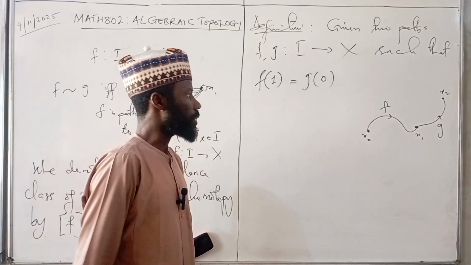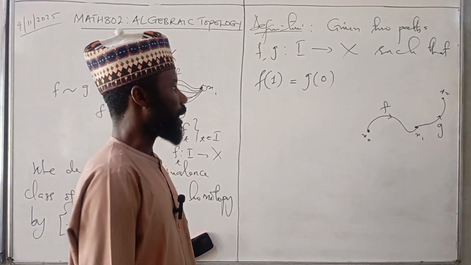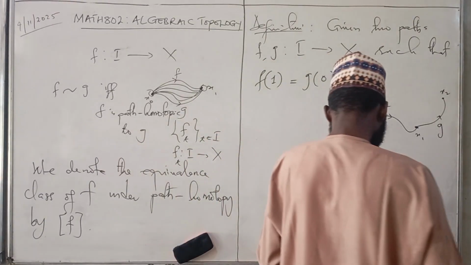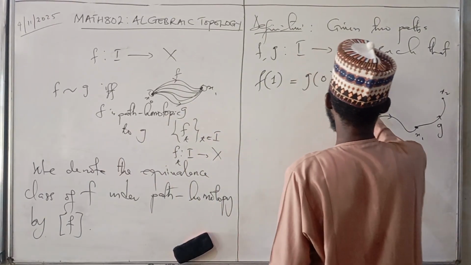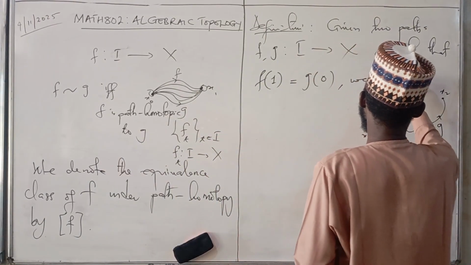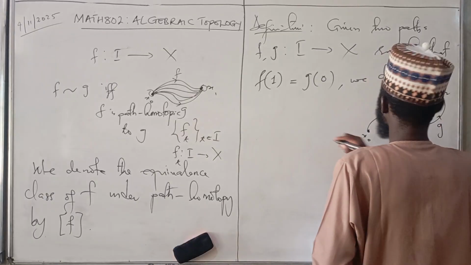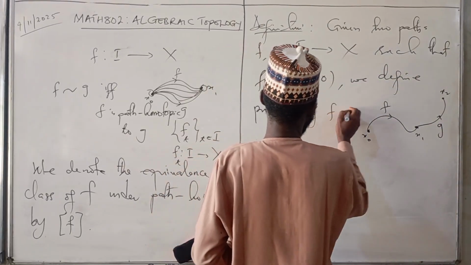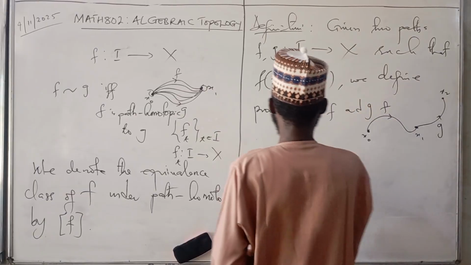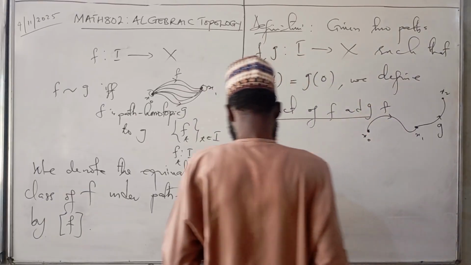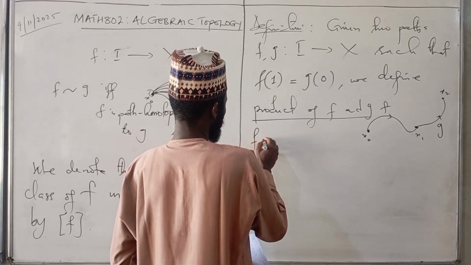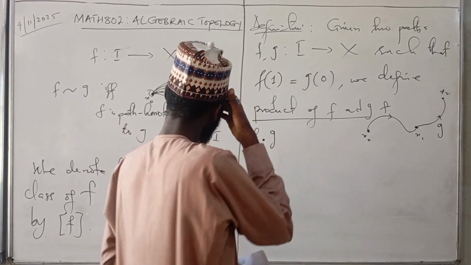And the product should be a path in the space. So we define the product of f and g, which we denote by f·g.